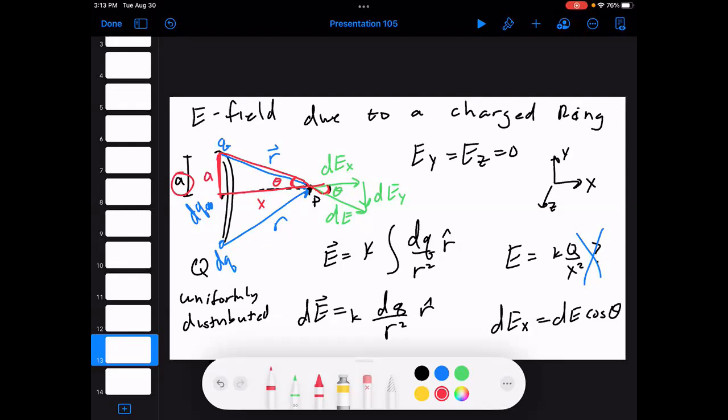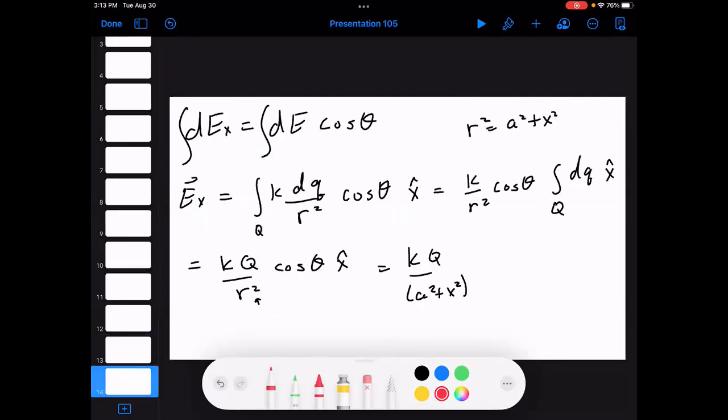Excellent. X over r, where r is a squared plus x squared, right? So x over a squared plus x squared, and that is square rooted because that's not squared already. So far, so good.